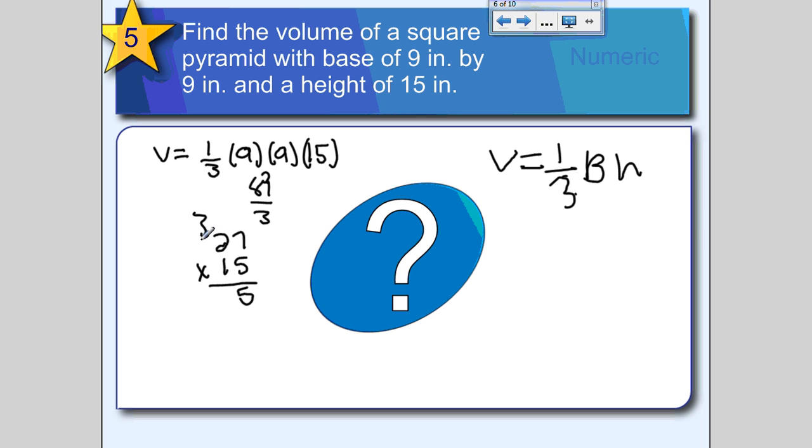And that's easy because you just got a 1 there. 5, 10, 2, 3, 4, 405 inches cubed. So our volume is 405 inches cubed.